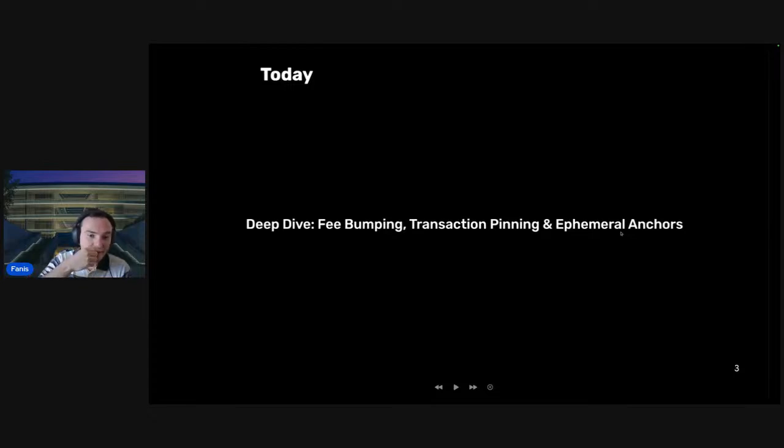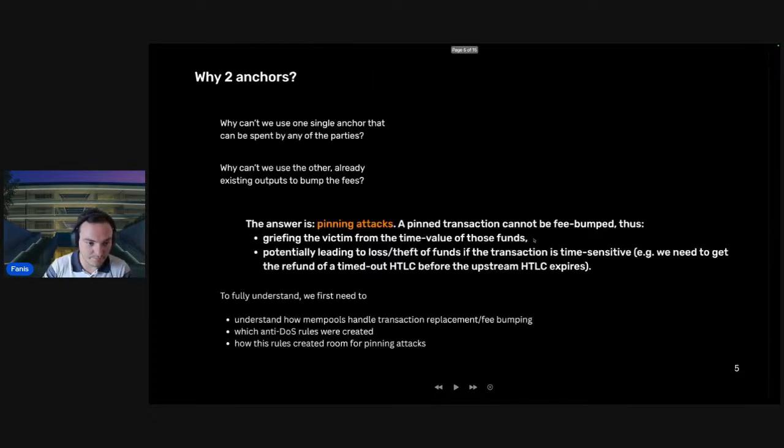And this release, together with the previous major release, which was 28.0, both brought a few improvements to mempool policies, which are very useful and which are not yet used in Lightning, but which will be in the future and which will make some design of the Lightning protocol better.